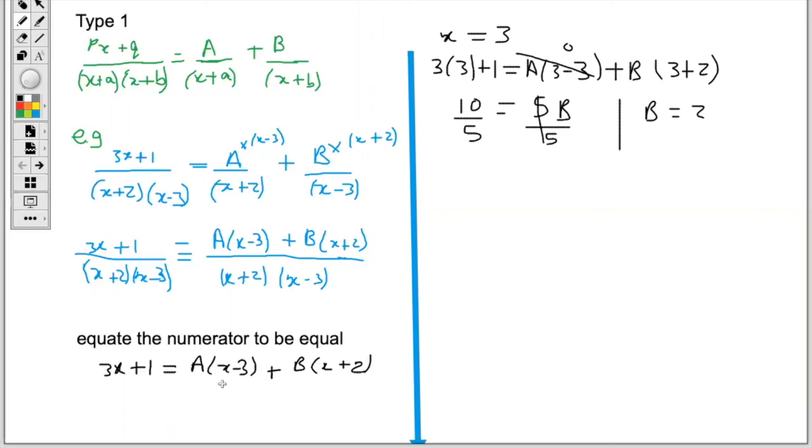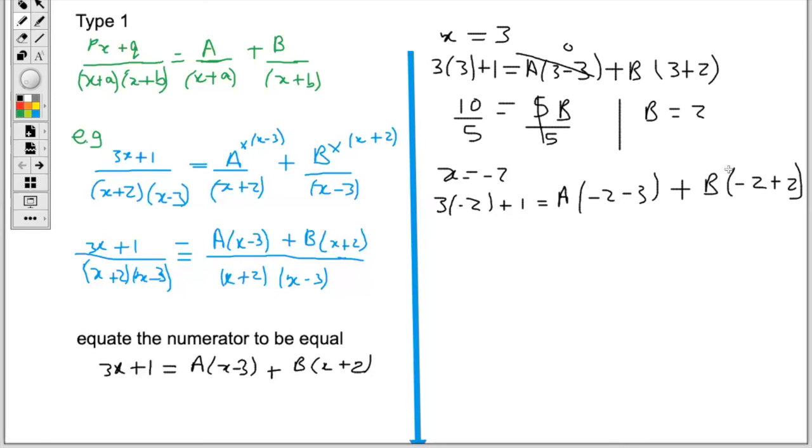We do the same step to get rid of b, because we know what b is now. We assign x to be negative 2, and then we can find out what a is. So substituting, 3 times negative 2 plus 1 is equal to a times negative 2 minus 3, plus b times negative 2 plus 2.